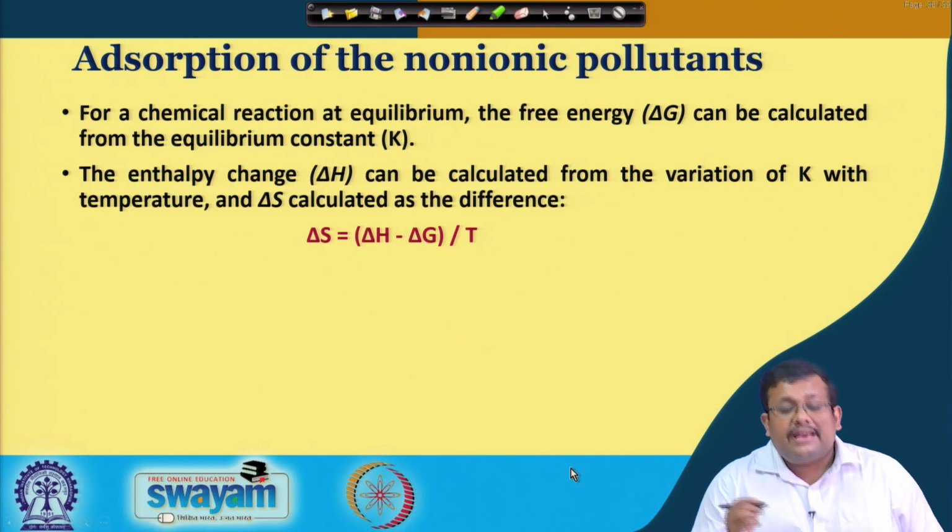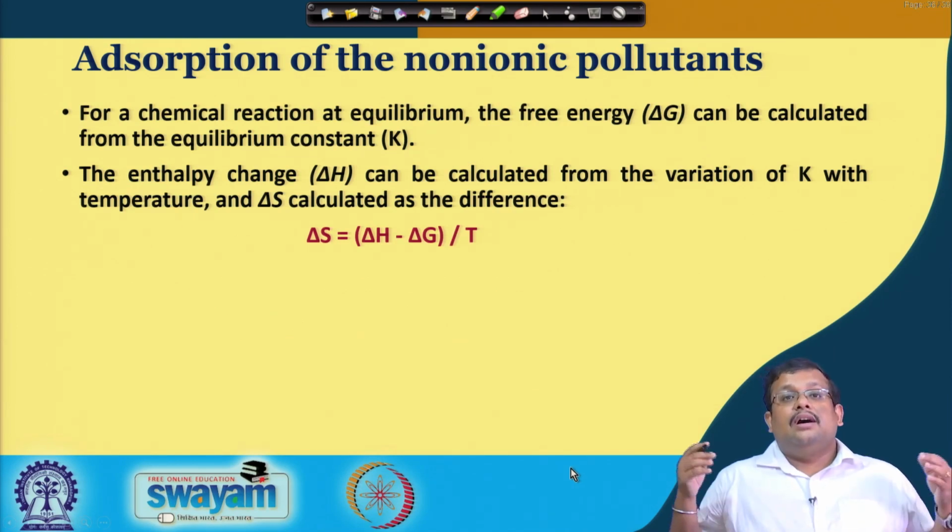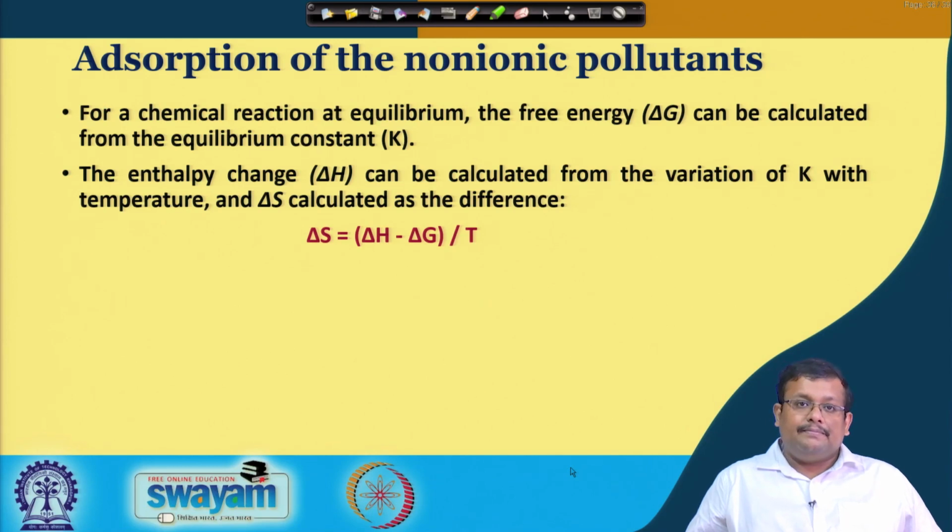So, for a chemical reaction at equilibrium, the free energy, which is denoted again by delta G, can be calculated from the equilibrium constant K. We have already discussed the thermodynamic equilibrium constant in our previous lecture, if you remember.